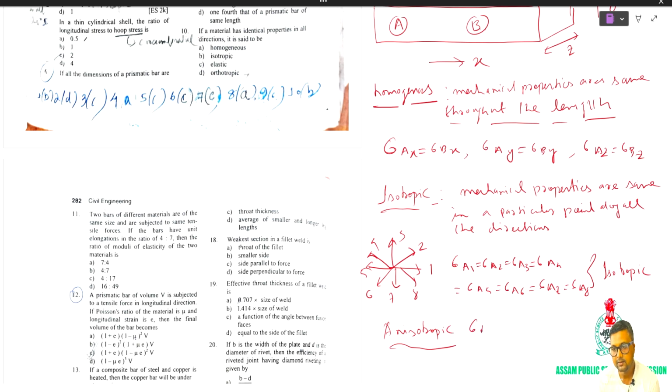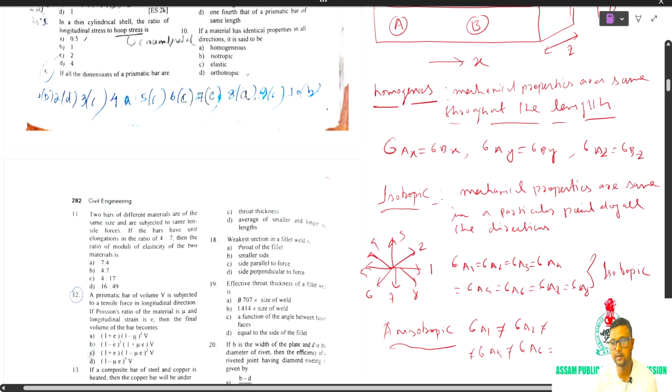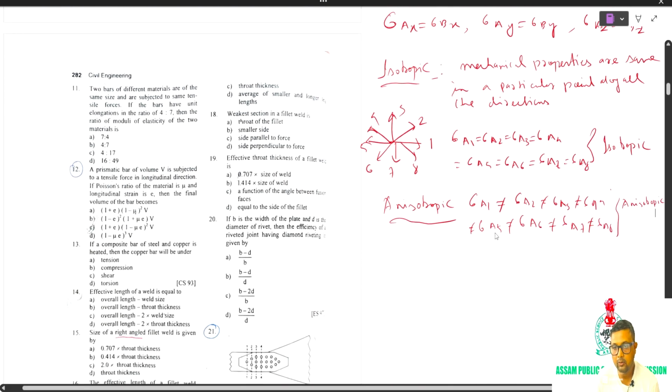That means sigma A1 is not equal to sigma A2, is not equal to sigma A3, is not equal to sigma A4, is not equal to sigma A5, is not equal to sigma A6, not equal to sigma A7. This is called anisotropic, right?